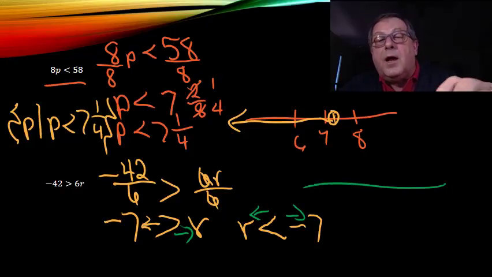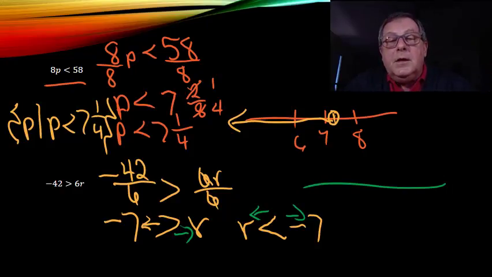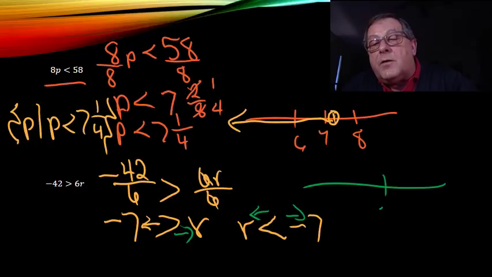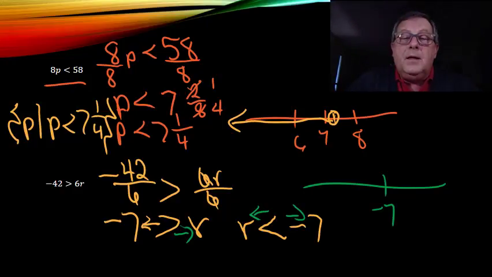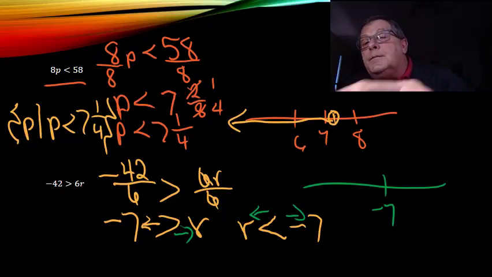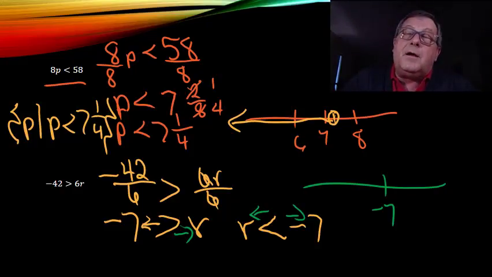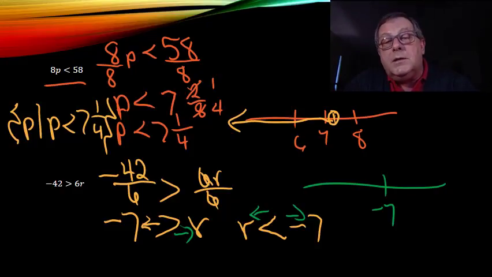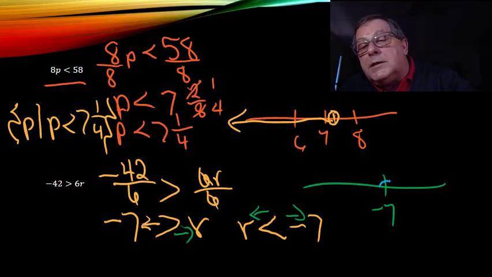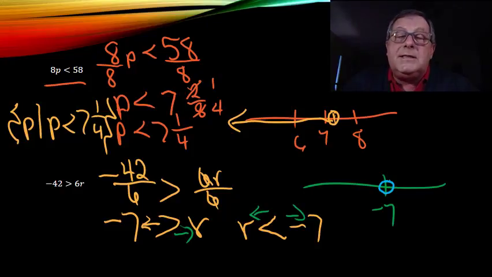Let's put this on a number line right quick. Okay, let's say -7 is right here, and we're saying r is less than -7. Let's think about this. Am I going to do a closed dot or an open dot? Well, I've got to do an open dot because it is just a simple less than.